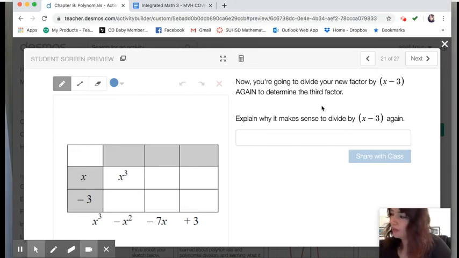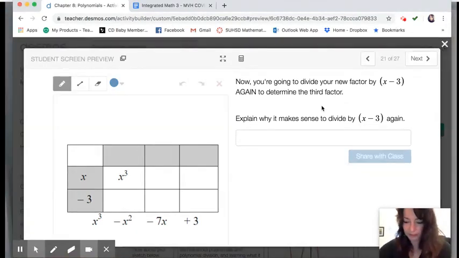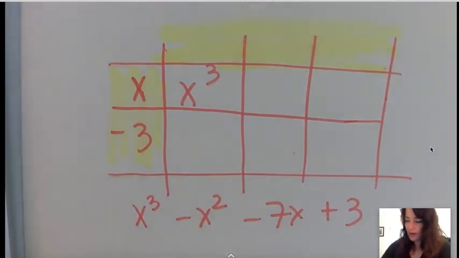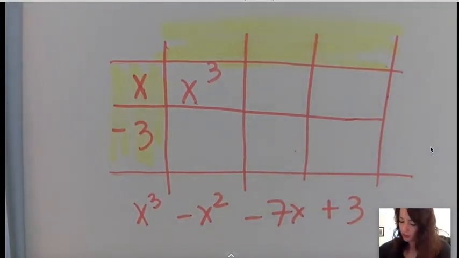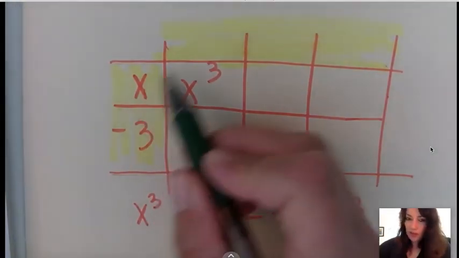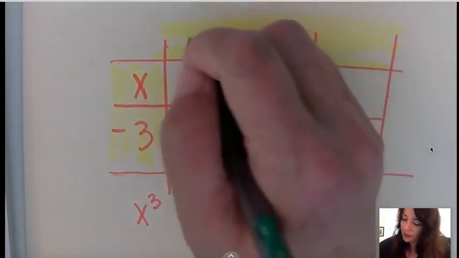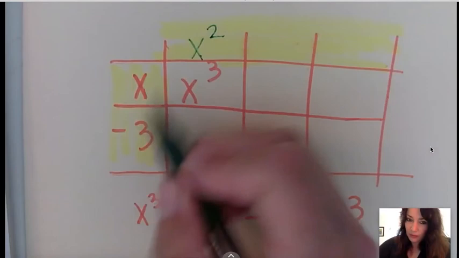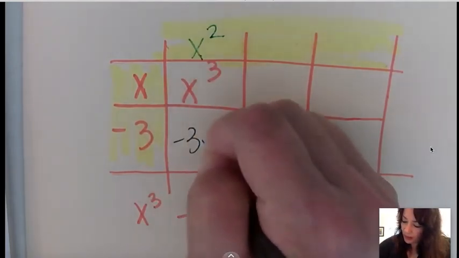So let me copy that down. So suspenseful. All right, let's see what we get when we divide by x minus 3. So x times what number up here gives us x cubed, so it's x squared, and then negative 3 times x squared is negative 3x squared.